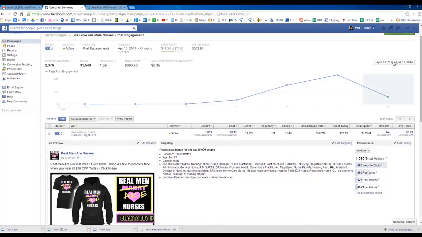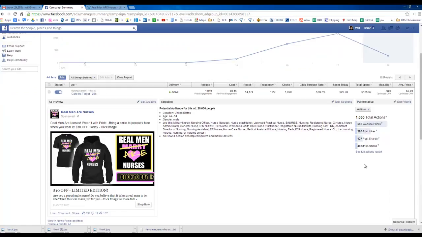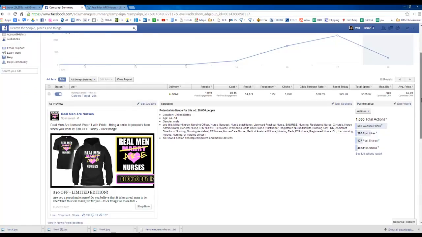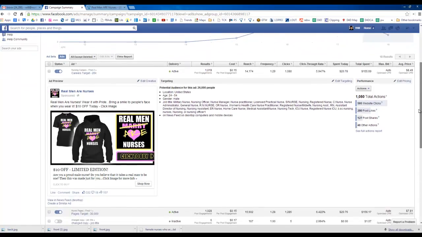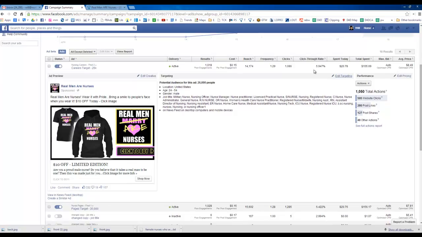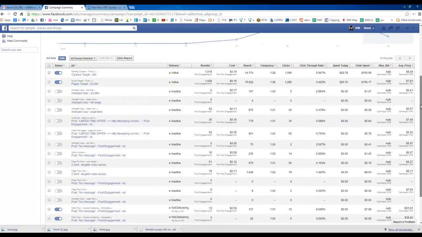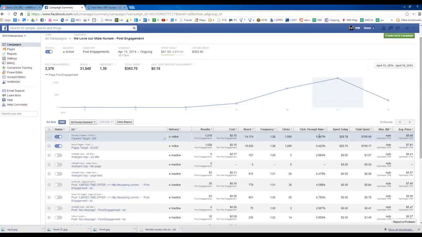what we're looking at. Right now it's giving you an overview of the entire campaign, right? But I want to see how we are performing in proportion to how we've been performing. Like how are we doing today as opposed to the rest of the campaign. So first of all, 5.947, so basically 6% there and almost 6.5% here.